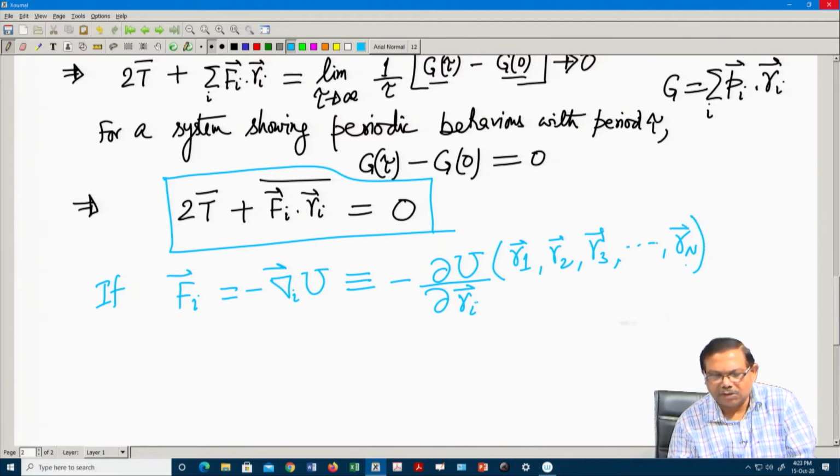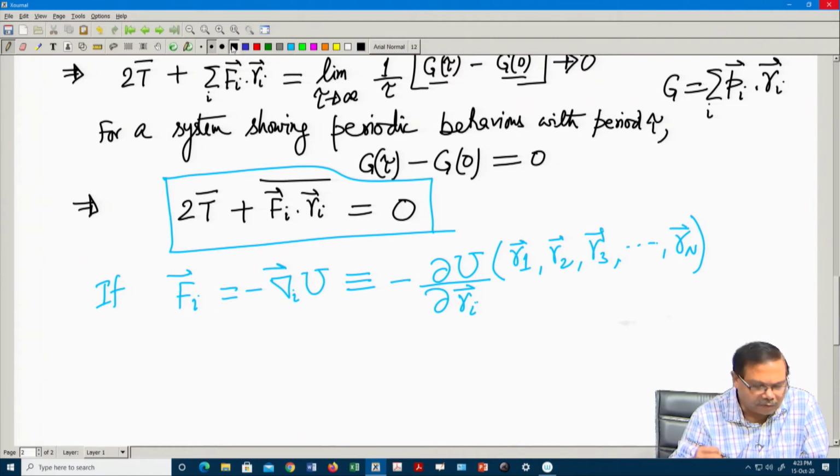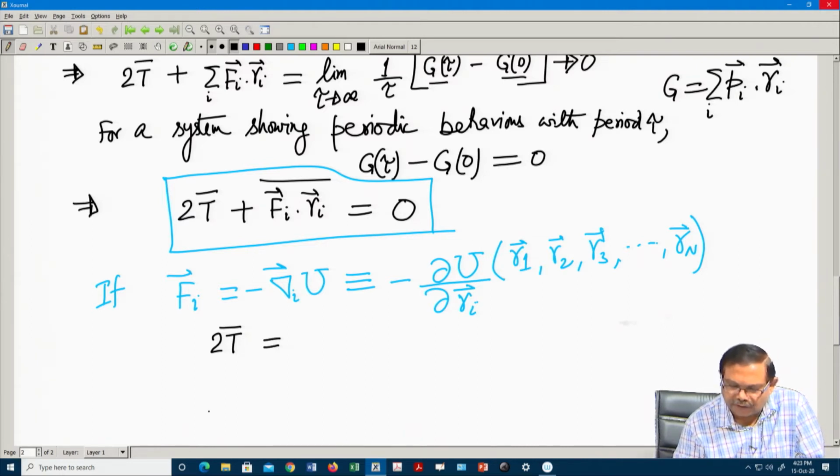So, if the force is derivable from a potential, then here we can change the expression for the force. So, we can write 2 times the average value of the kinetic energy as minus F_i dot r_i summed and averaged, and F_i I am going to replace, and this minus cancels this minus.